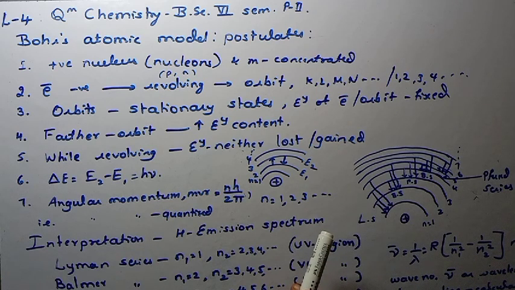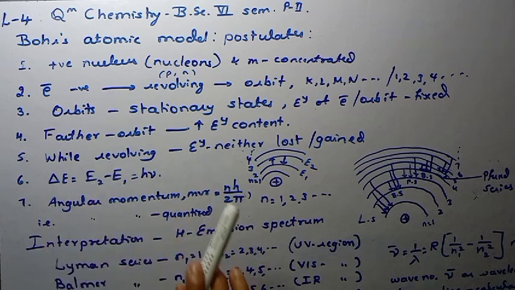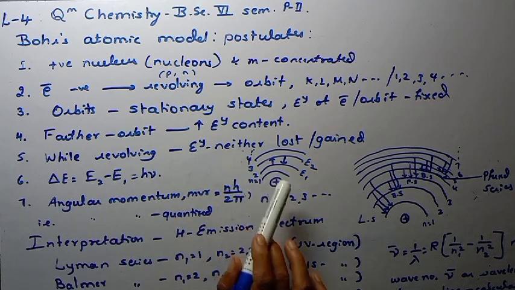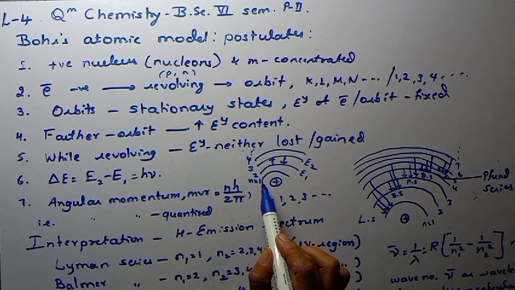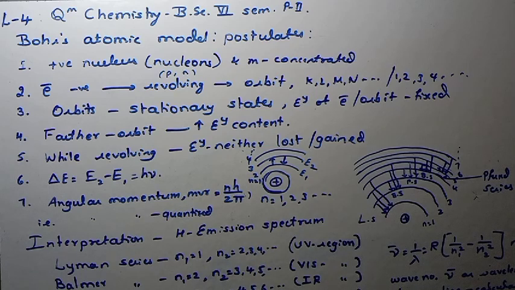That means each orbit is associated with a definite amount of energy. An orbit is the imaginary path of the revolving electron. It is a circular orbit at a definite distance from the nucleus.